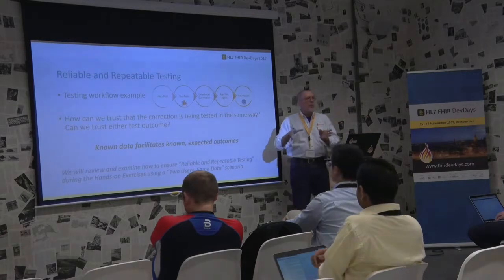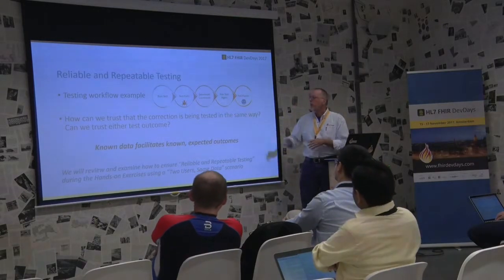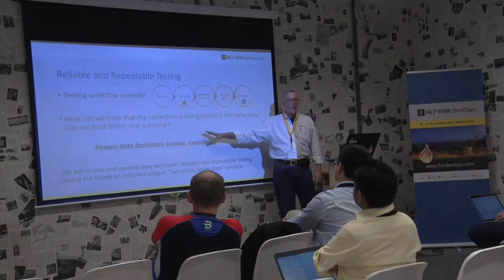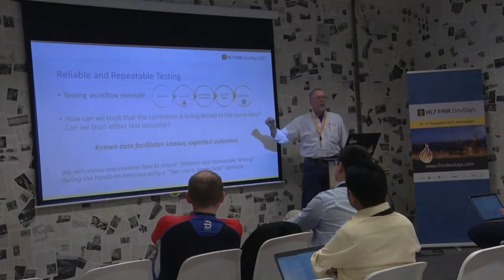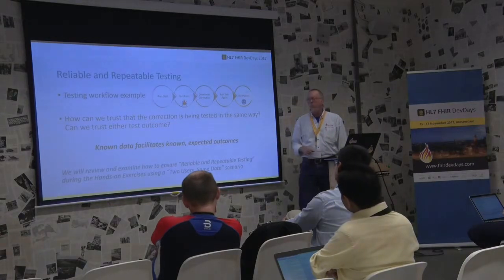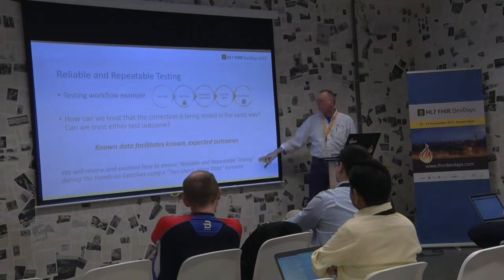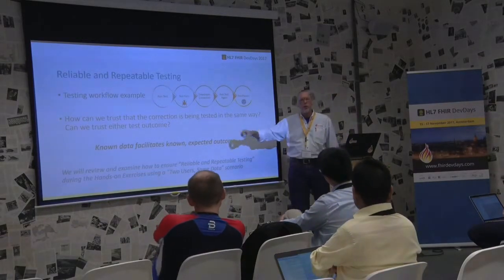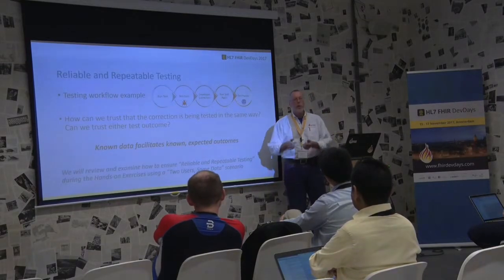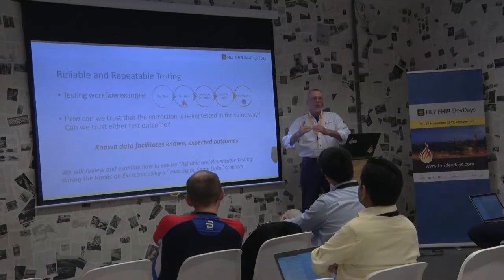The test script gives us that definition that's consistent, but above and beyond that, we also need good test data that we know is reliable and repeatable that we can use over and over again in our test scenarios. And so we're going to take a look at reliable and repeatable testing during the hands-on exercises. So if you come over to the FHIR testing table this afternoon, I've got a series of exercises that go through test scripts that demonstrate what I'm talking about here.